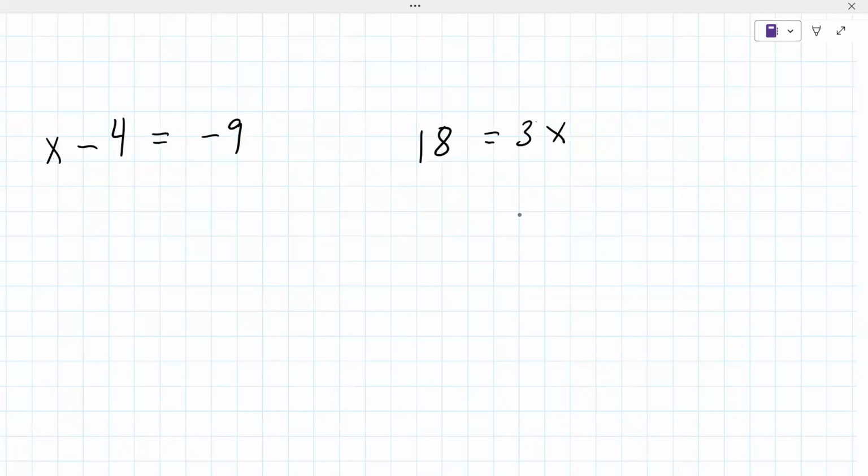Okay, give this a try, please. Give me just the final answers. Would the one on the left be 13?